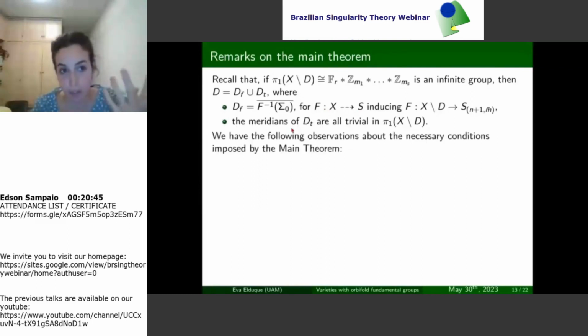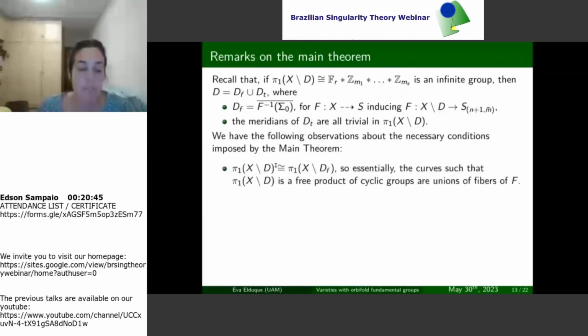And so we have the following observations. The first one is something I already alluded to: if dt doesn't matter, the fundamental group of x minus d is the same as x minus only the fiber part of d.